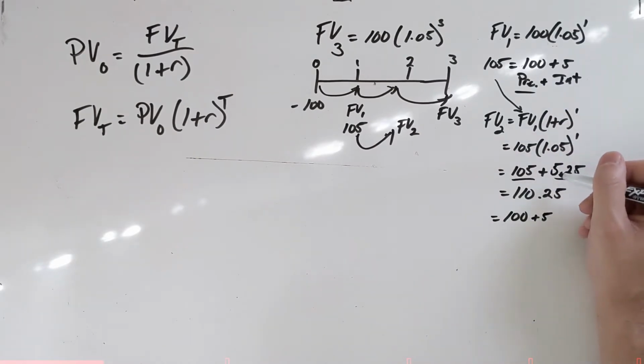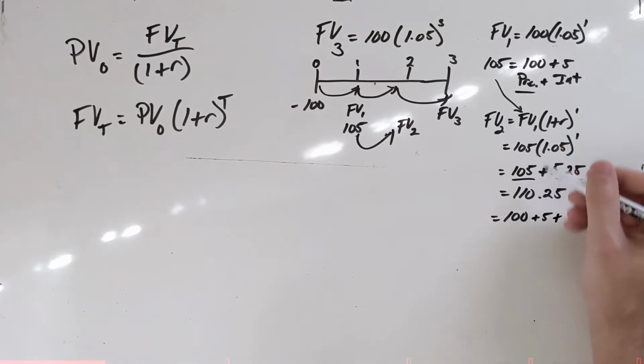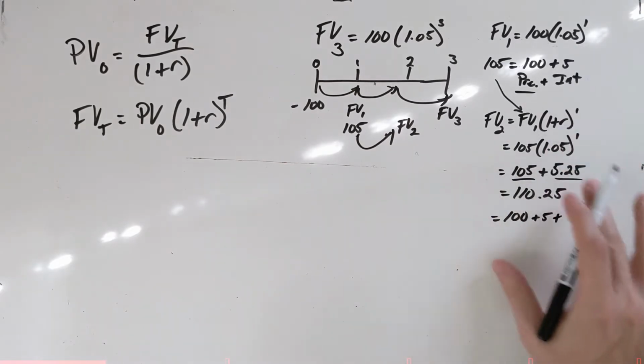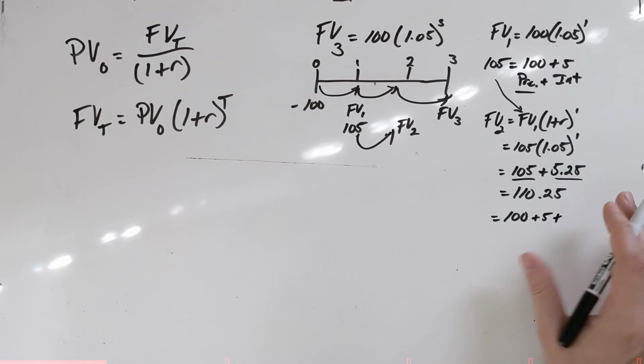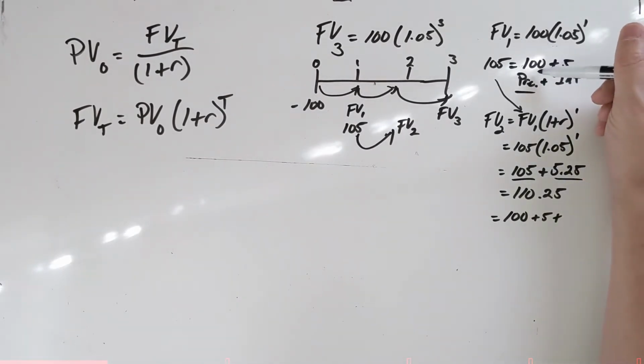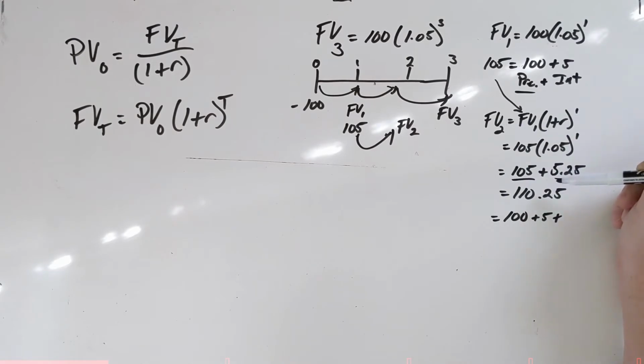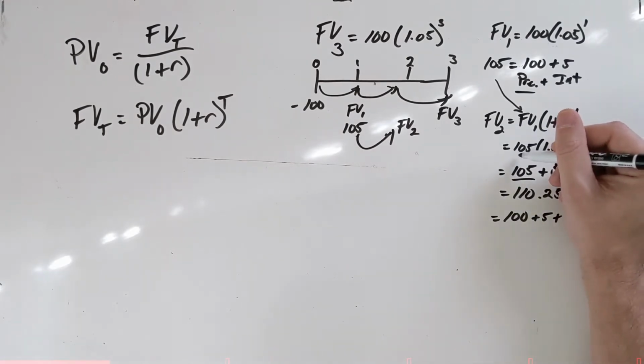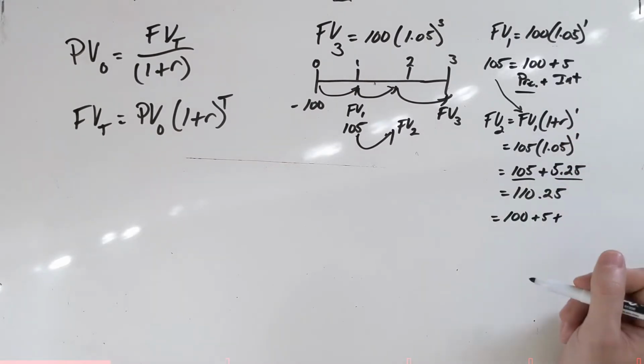In the second year, we got another $5 of interest on the original 100. I know that may be starting to get complicated to see, but if you think of this 105 as composed of 100 plus $5, you could say this is 100 plus 5 times 1.05.